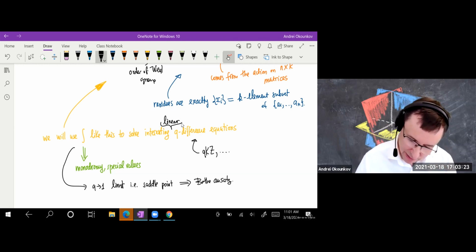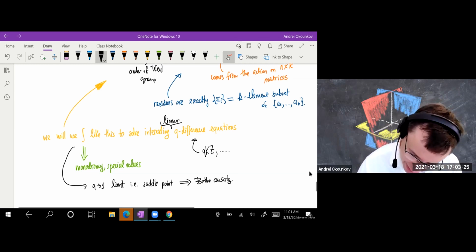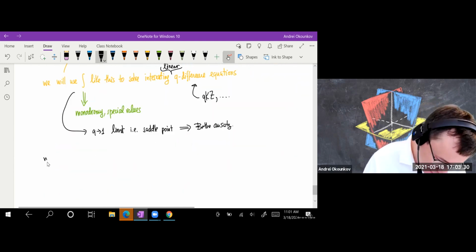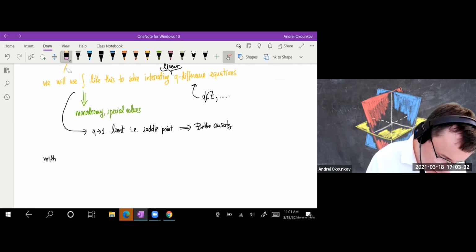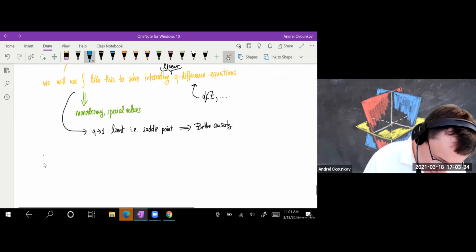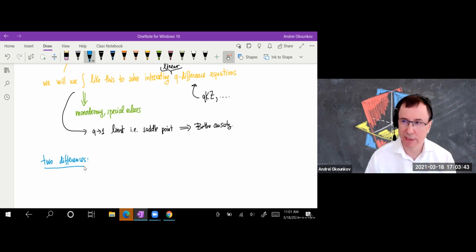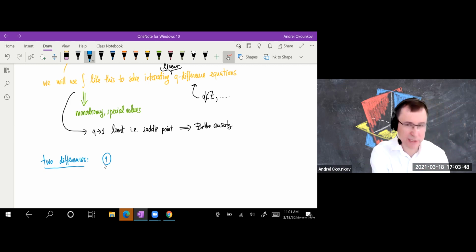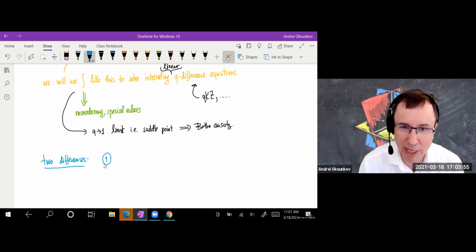Anyway, in the spirit of this talk, there are two differences. The first difference: what does it mean to solve some equation by an integral?